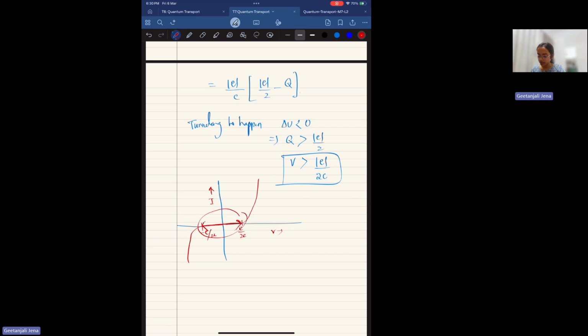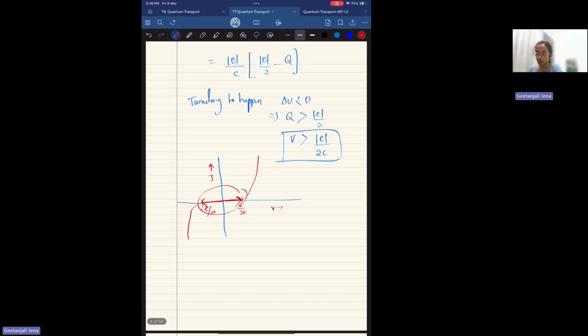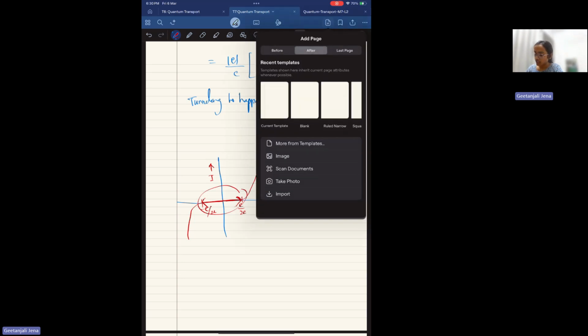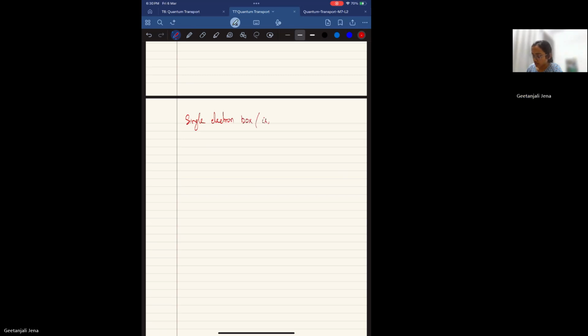So now let us see some of the devices which use this Coulomb blockade effect, or the single electron charging effect. The first one is the single electron box. This typically behaves like a storage device where we can store a discrete amount of charge.